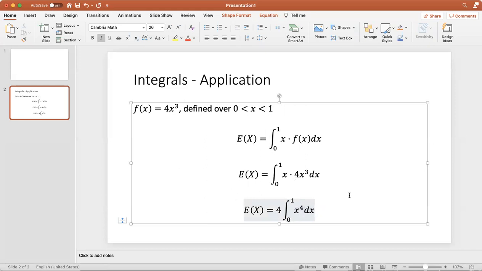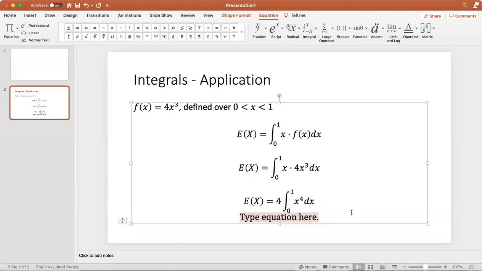Now, by the power rule from integral calculus, we need to add 1 to the exponent. So this becomes x to the fifth, and we need 1 over 5 here. Now, of course, to check, you can just take the derivative.